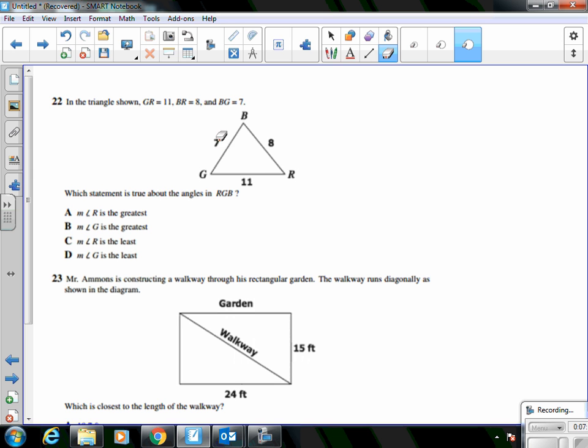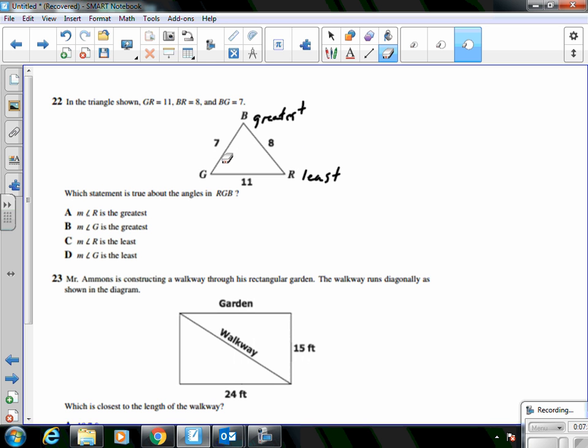And so if we look here, 7 is the smallest side, it's across from R, so that makes R the smallest or the least angle. 11 is across from B, 11 is the biggest side, so B would be the greatest angle, and then G is just going to be the middle one.